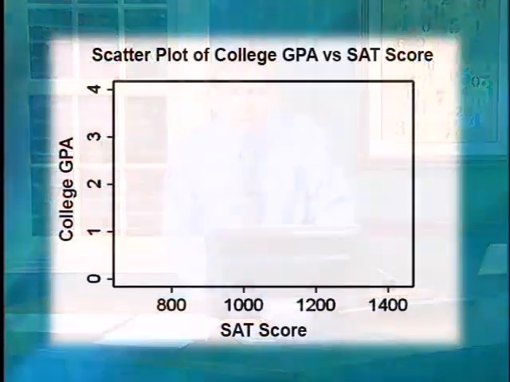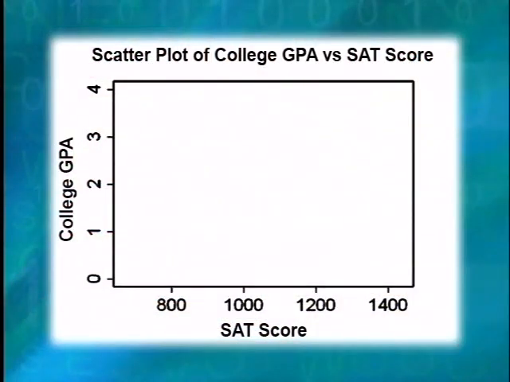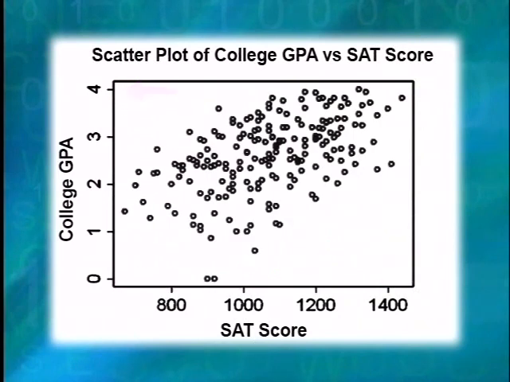Well, one way to do it is to draw a picture of comparing them in the following way. For every student, we have 2 pieces of information about that student. We have what that student's SAT score is and what that student's grade point average was after the first year. So this is students who have already had more than 1 year of college. If we look at every single dot, every dot corresponds to 1 student.